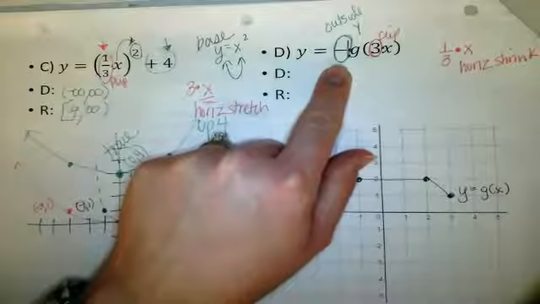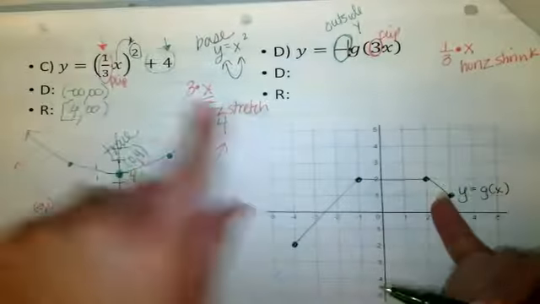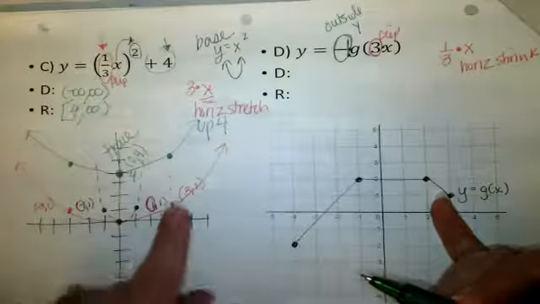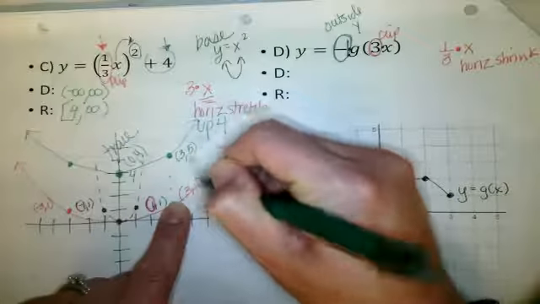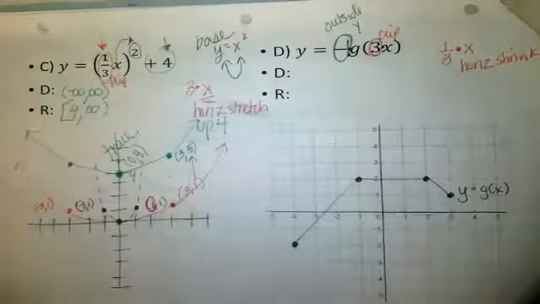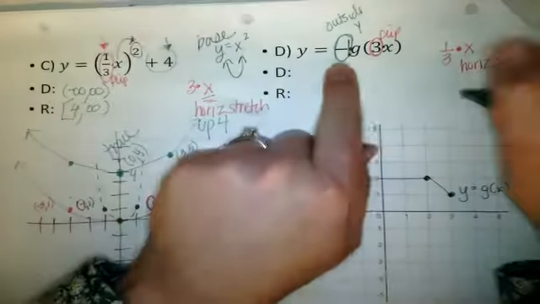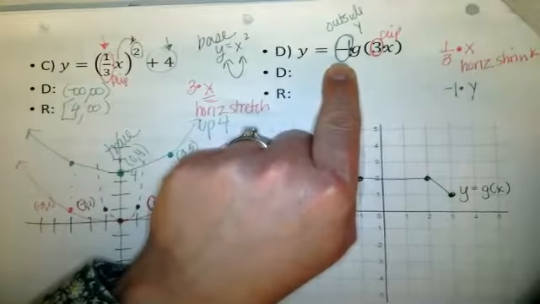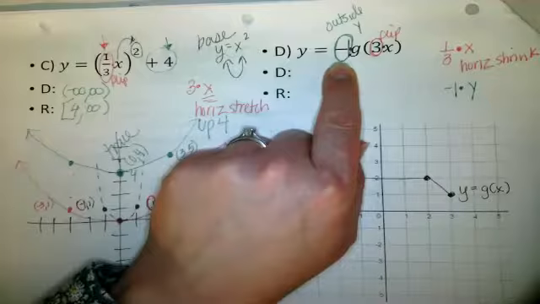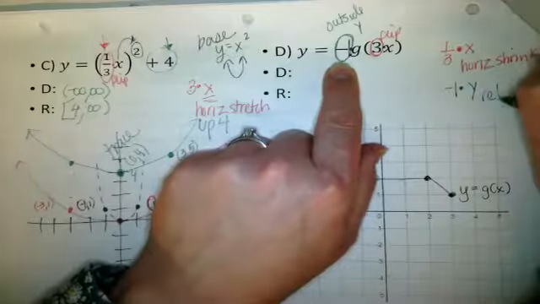All right, so anything on the outside of a function affects the y values, which is what's happening here. The y value is changing. We became 3.5, so that y value added 4 to it. And so this is actually doing -1 times the y coordinate as well. That's going to cause a reflection.